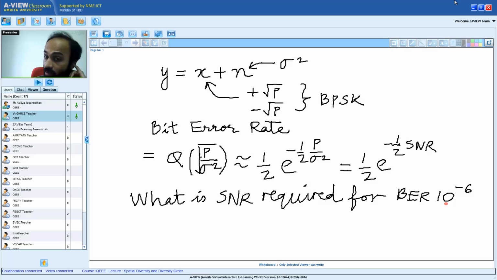Does anyone remember what is the SNR? We calculated this value. Can anyone respond with the answer?